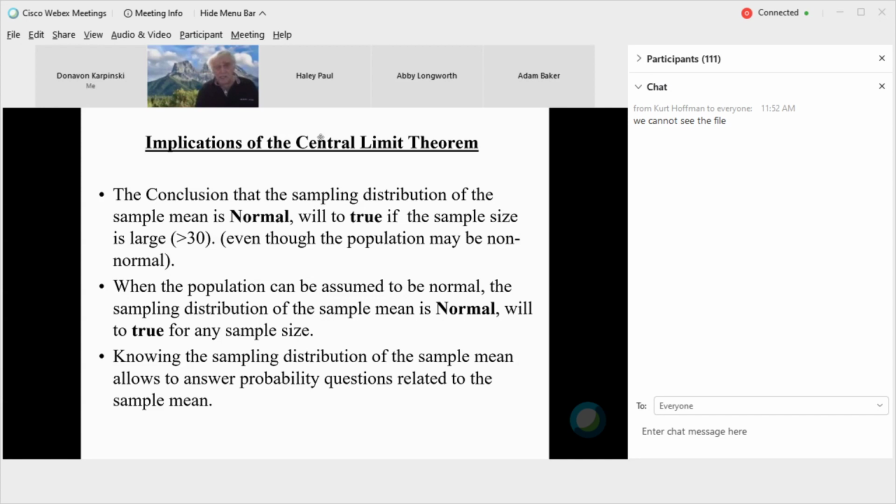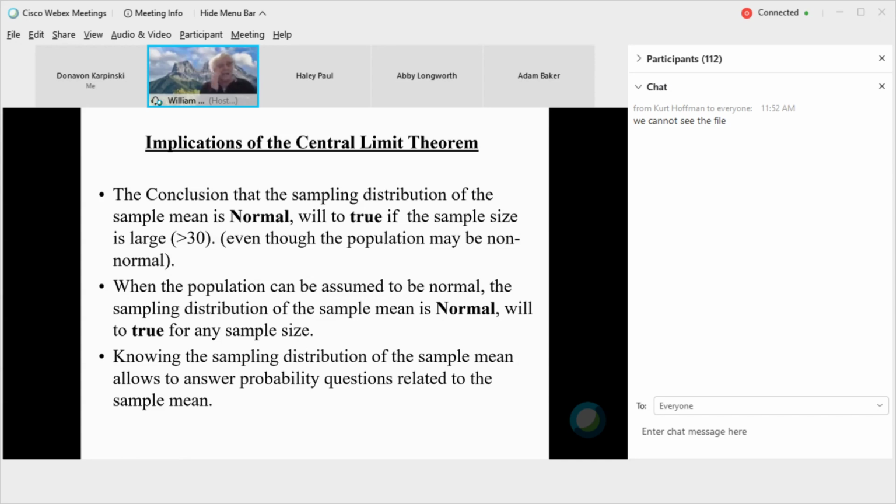So the conclusion: the sampling distribution of the sample mean is normal. That will be true if the sample size is large, and a rough rule of thumb is greater than 30. When the population is assumed to be normal, the sampling distribution of the sample mean is normal no matter what the sample size is.